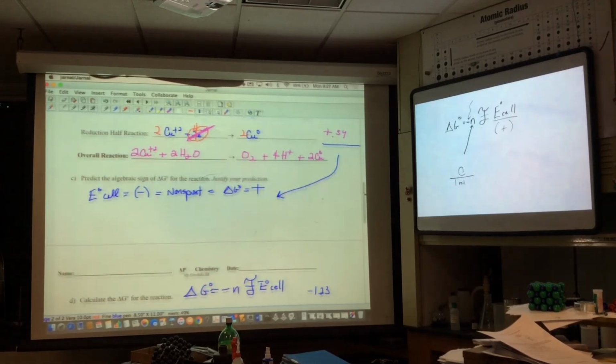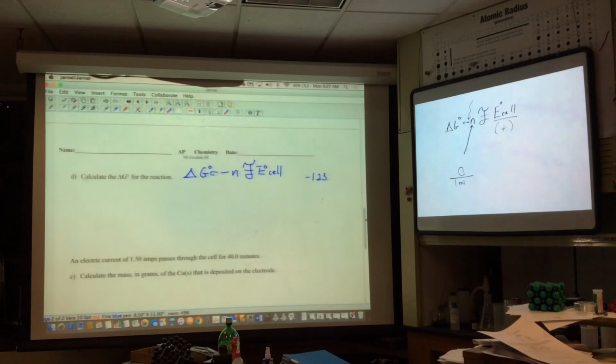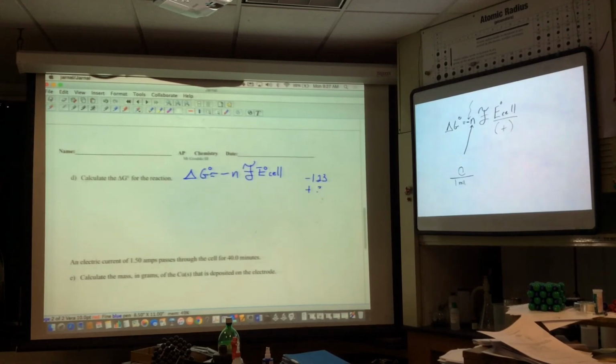Do they care how you write the fancy F? No, not at all. So they'll give you a point for doing that math right there, as long as I did it right.